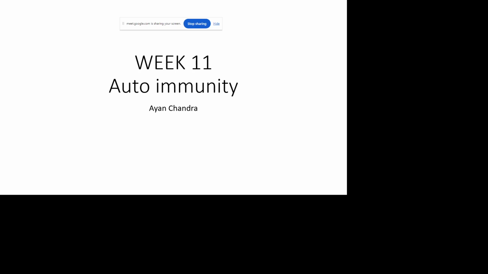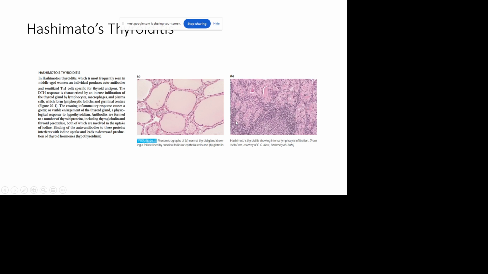start with autoimmunity. What is autoimmunity? According to you, what do you call autoimmunity? What does it mean? Anyone?